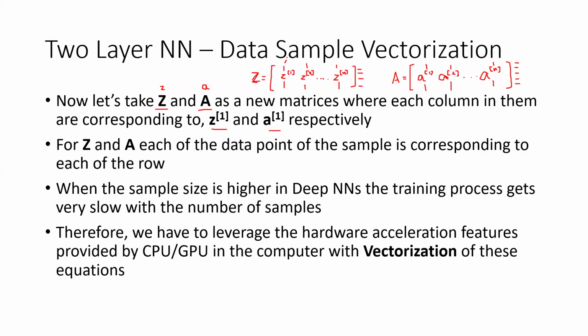By applying the activation function to the first column, you get this column. After applying it to the second column, you get this column. For the last column, you get the last column of the activation. You apply the sigma for each layer, right? So if you think about it, rows correspond to each of the data points for both capital Z and capital A matrices.